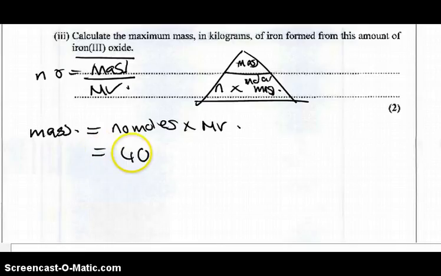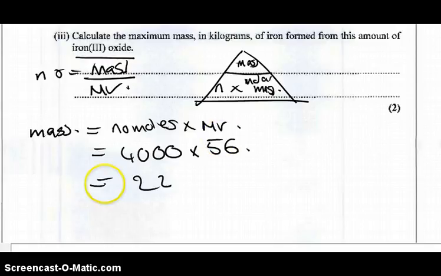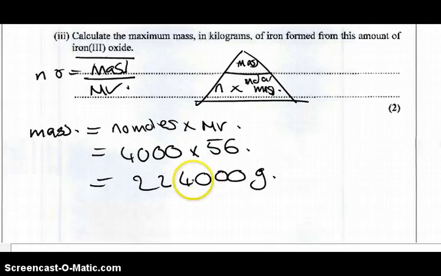So we put down 4,000 because that was our moles from the previous question. We have our Mr. from earlier on as well, which is 56. So in total we get 224,000 grams. So that is 224 kilograms.